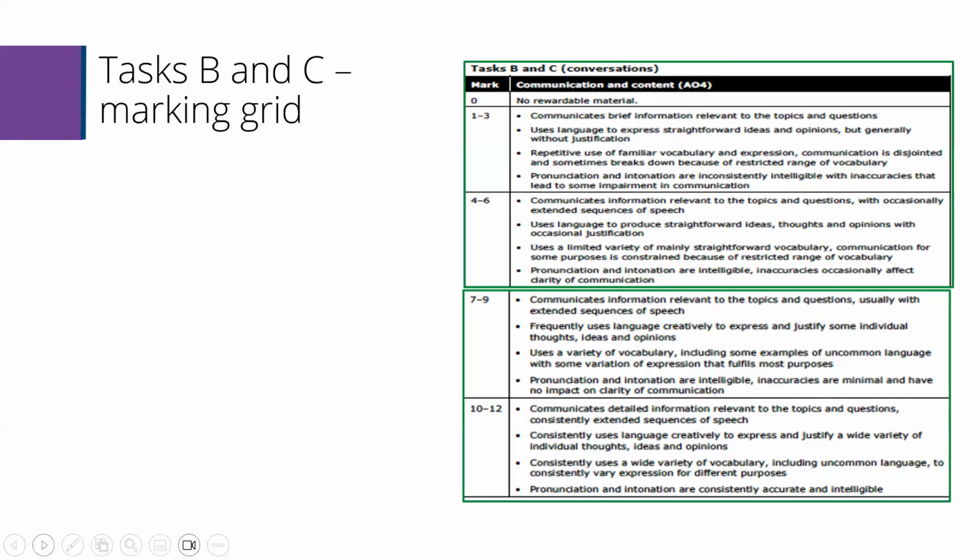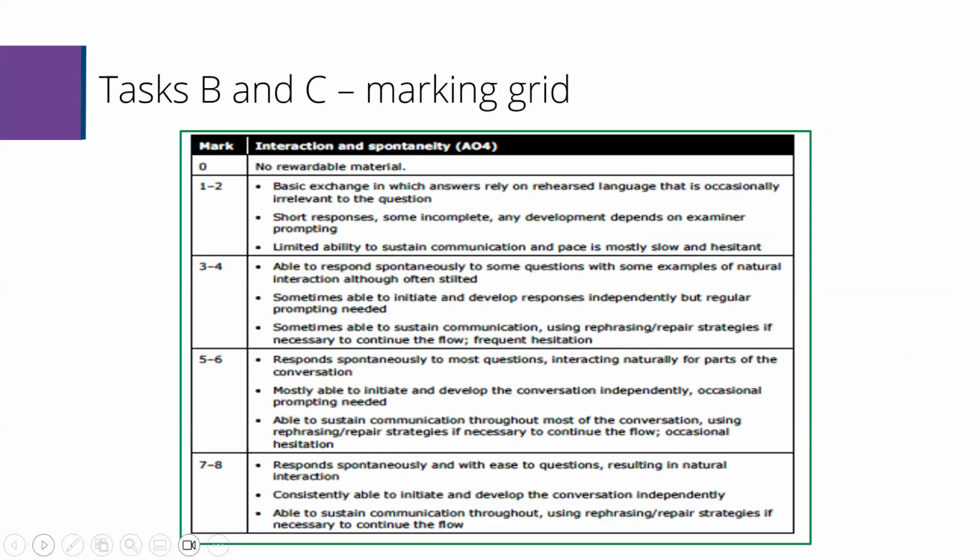And then for the marks for linguistic, there are also now marks for interaction and spontaneity. Now, this is important because, what I said about we don't want a list of pre-learned questions and answers. There are marks for spontaneity, and so you must try as you're examining to ensure that there are opportunities for spontaneity.